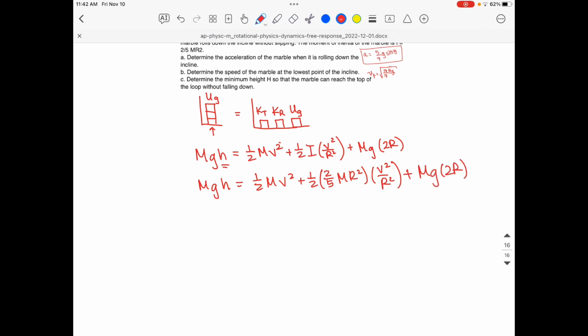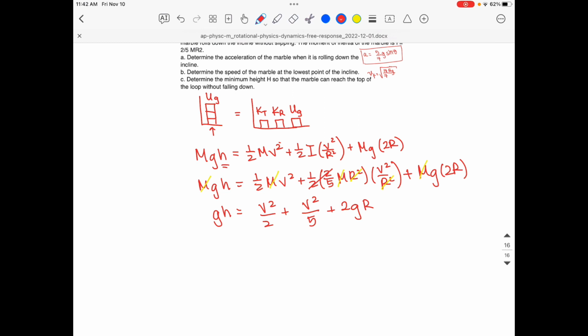And once you've done this a ton of times, you can already kind of guess what's going to cancel. The m's for sure. And then a lot of the radius, r squared and r squared here, those are going to cancel out. I think that's all I can cancel right now. So let me write everything out. gh is equal to v squared over 2. Oh, that cancels out, so I get v squared over 5, and then 2gr.